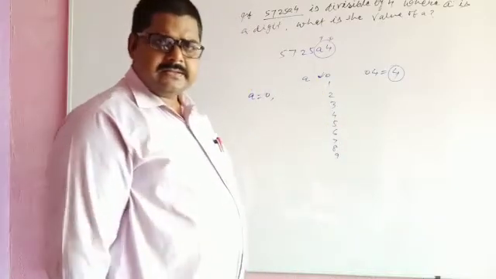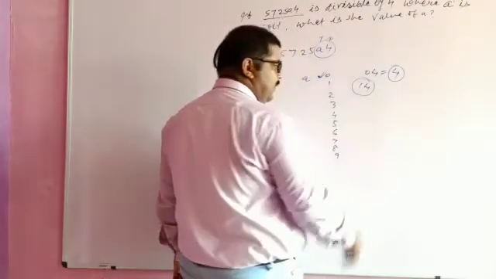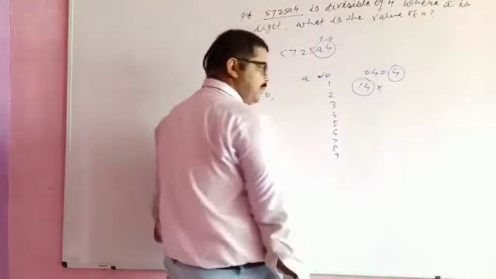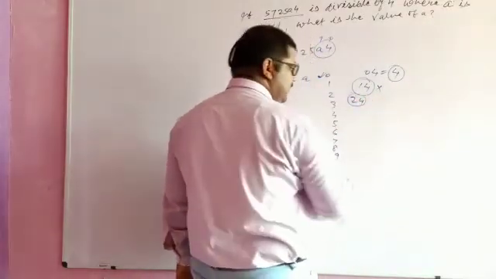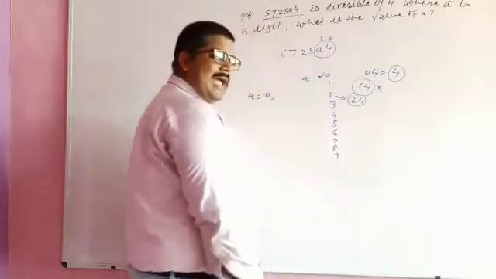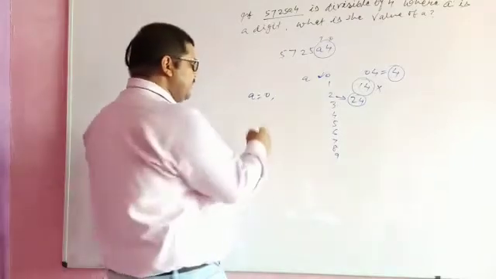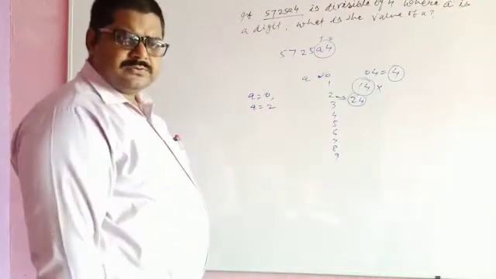If in the question it has been given all possible values, then you have to just try another digit. 1, in case of 1, 14 is formed, and you know that 14 cannot be divisible by 4. Next one is 2, then 24 is formed, and you know very well that 24 is exactly divisible by 4, and this is why the second option is A is equal to 2.